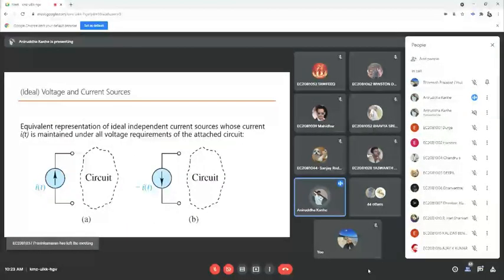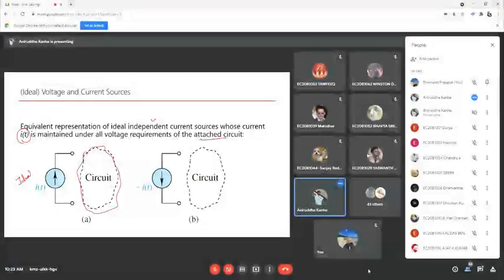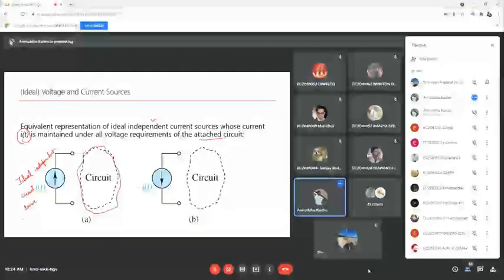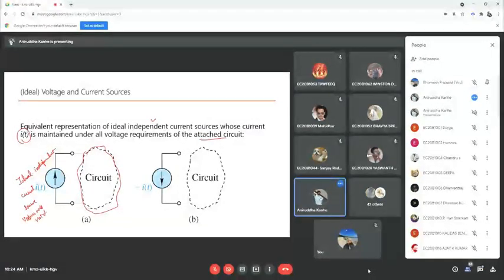And then coming to the current, the equivalent representation of the ideal current source whose current I(t) is maintained under all the voltage requirements of the attached circuit. So whatever circuit you connect here, the ideal independent current source value will not change.